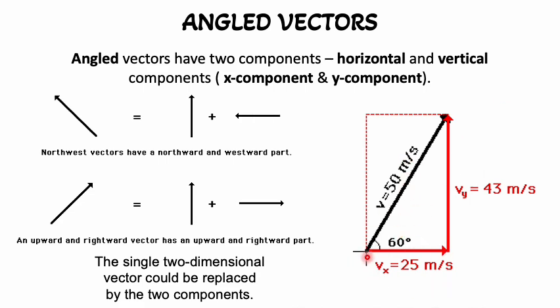So the components of this are the x component of this vector and the y component of this vector or velocity. So those are the components of angled vectors. Now, when our vector is 3-dimensional, there are 3 components. We have the x component, y component, and the z component.